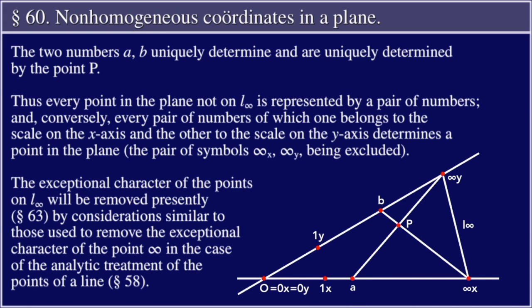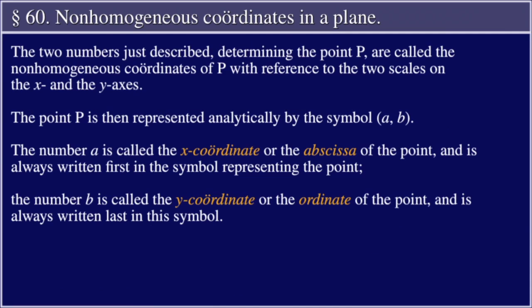Section 63. By considerations similar to those used to remove the exceptional character of the point infinity in the case of the analytic treatment of the points of a line, Section 58. The two numbers just described determining the point P are called the non-homogeneous coordinates of P, with reference to the two scales on the x and the y-axis.